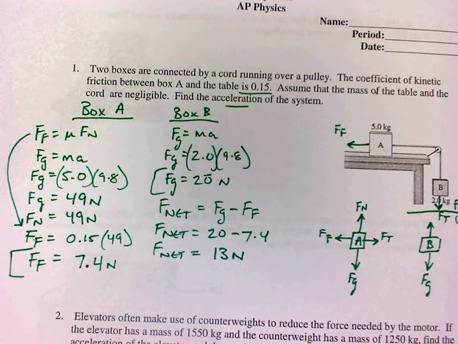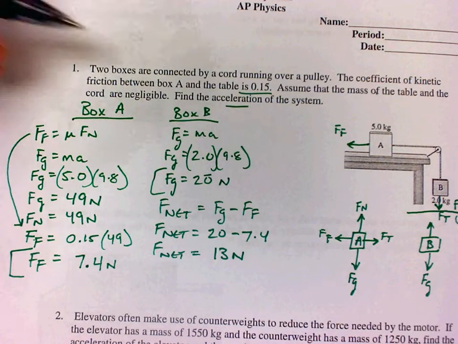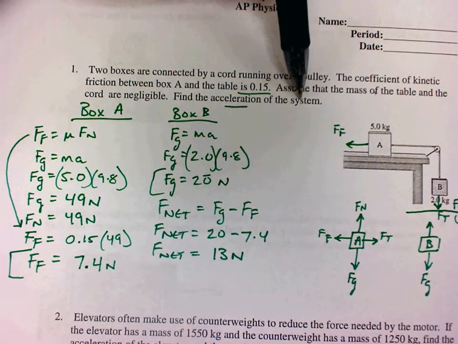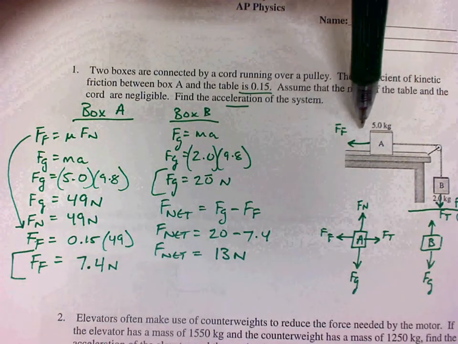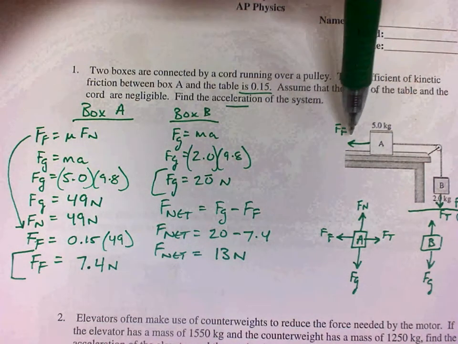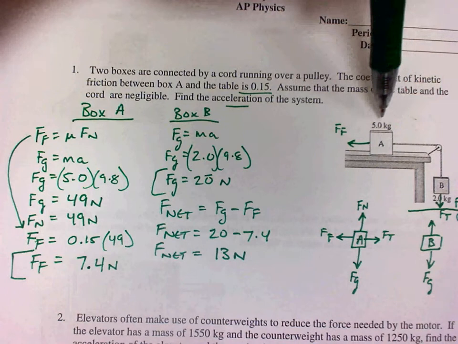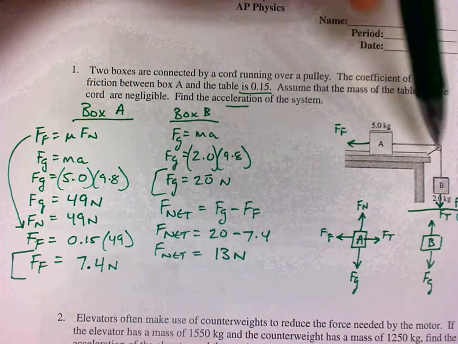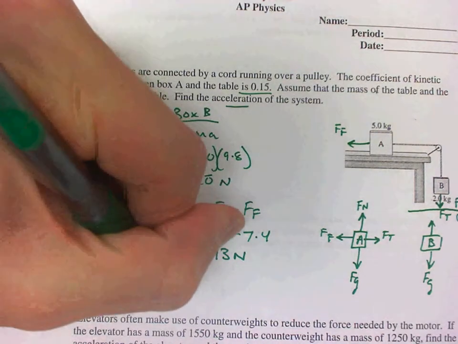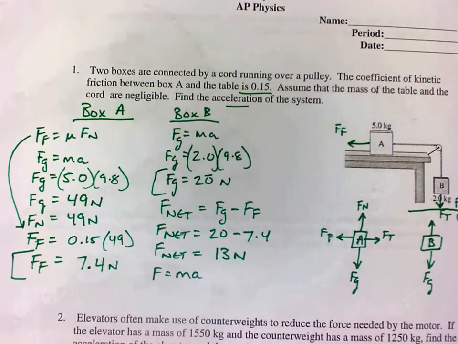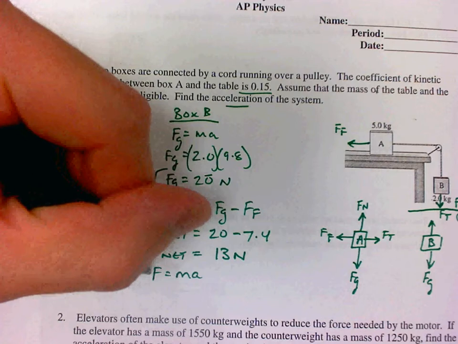Now that we have the net force, we can actually solve for the acceleration of the system. And that's the key word here, it's the acceleration of the system. The whole system encompasses both boxes. So when we go to solve for the acceleration of the system, not only do we want to use the net force, but we need to use the mass of both blocks. I'm going to set this up. We're going to use F equals ma one last time, where we have the net force and the total mass to plug in.